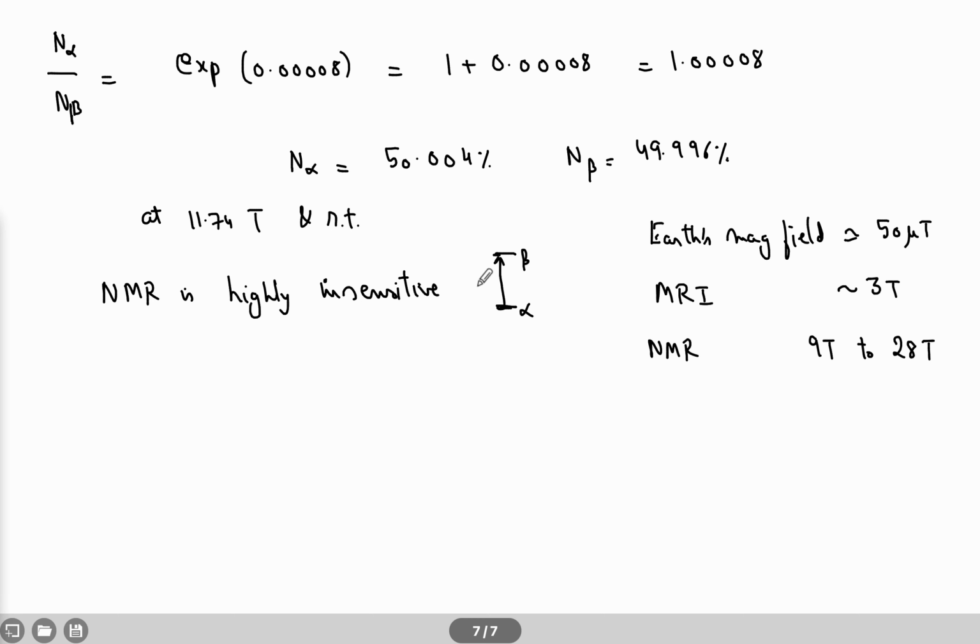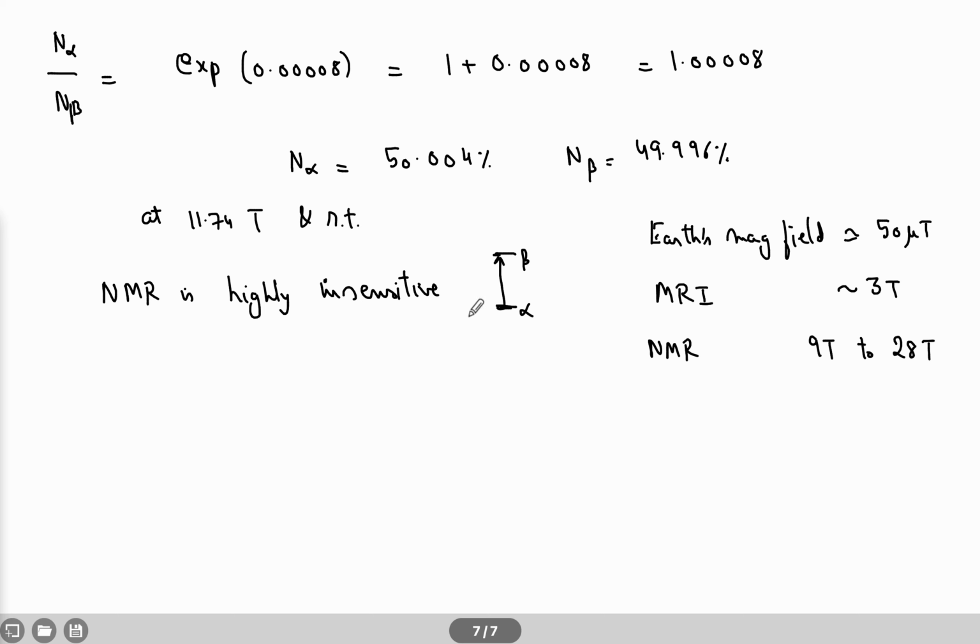Okay, so if this is the situation for protons, imagine that the interaction energy is further less for C13, almost 1/4. So the population difference would also be smaller for carbon or other insensitive nuclei.